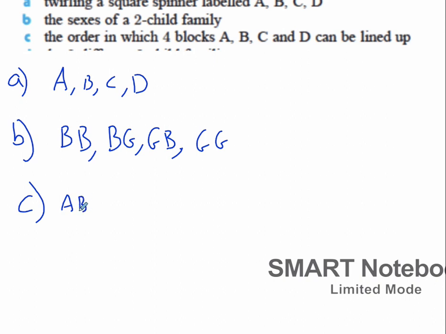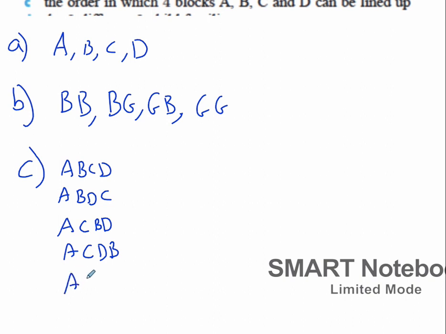You can have A, B, C, D. You can have A, B, D, C. You could have A, C, B, D, A, C, D, B. Or I could have A, D, B, C, A, D, C, B. Now that's all the possibilities starting with A. You can do the same thing starting with B and write 6 different possibilities, the same thing starting with C, and then with D as well, and you get 6 possibilities for each one.